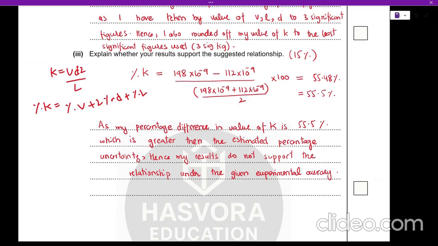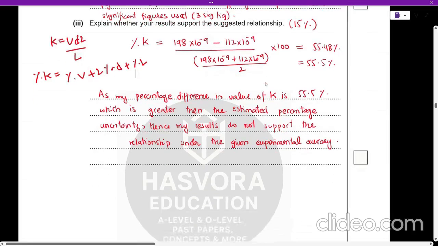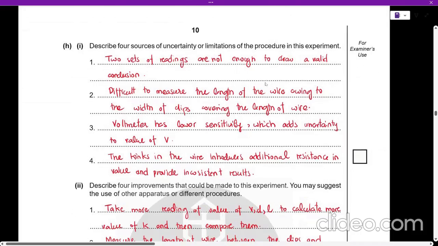So it came as 55.48, or 55.5%, as my percentage difference. What I wrote was, my percentage difference in my value of K is 55.5%, which is greater than the estimated percentage uncertainty of 15%. Hence, my result does not support the relationship under the given experimental accuracy. So this is a proper structured answer to this question.